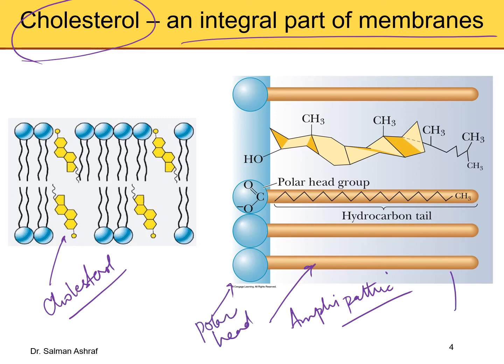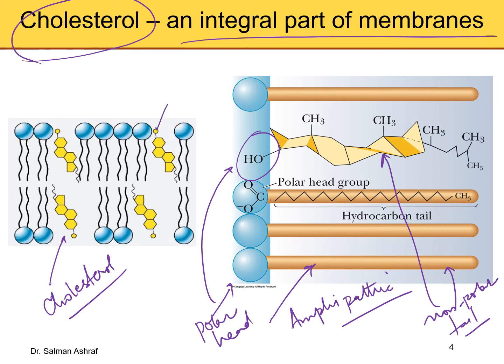Cholesterol also has a polar head and a pretty much non-polar tail as well, and that's why it can fit in very nicely in biological membranes. This would be the polar head of cholesterol, and this is the phospholipid polar head.